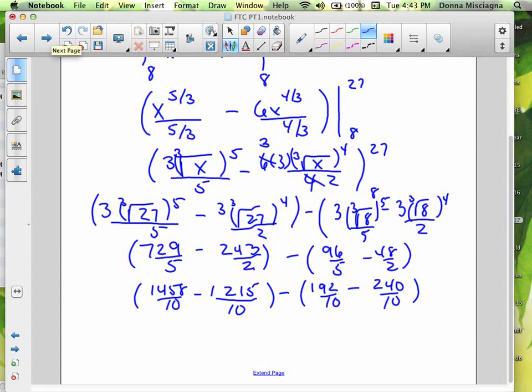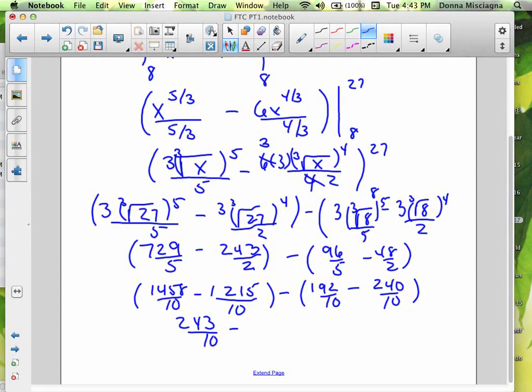The computation here takes longer. All right, so 1458, and I'm going to wander over and grab a calculator because I'm tired of doing all of these in my head. 243 wasn't that difficult.